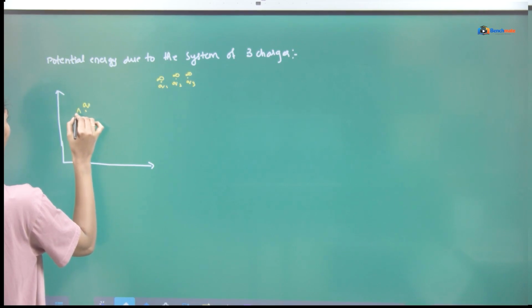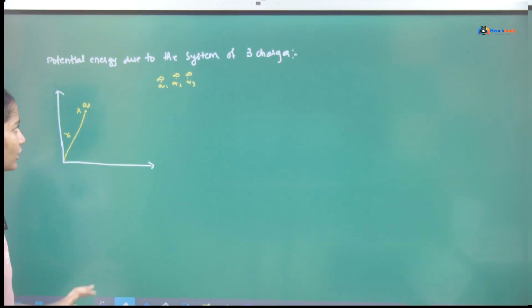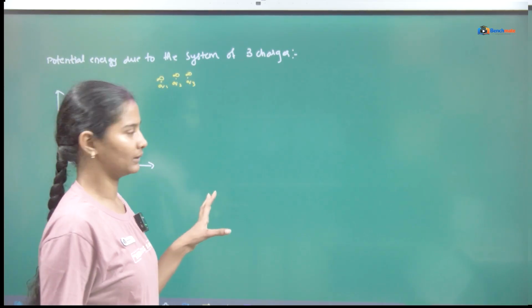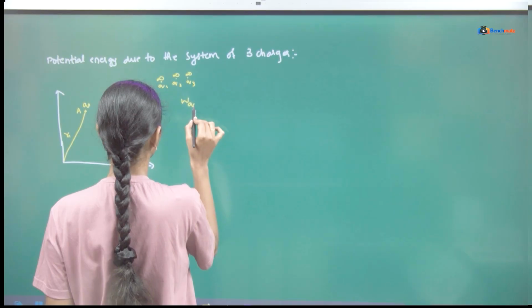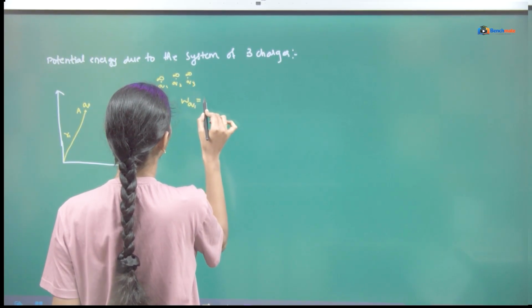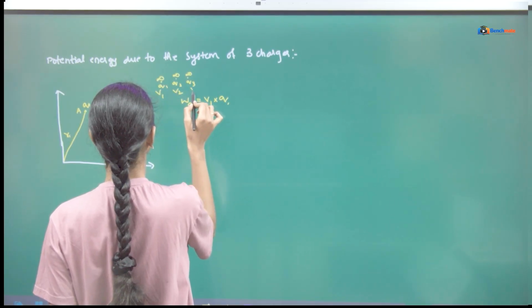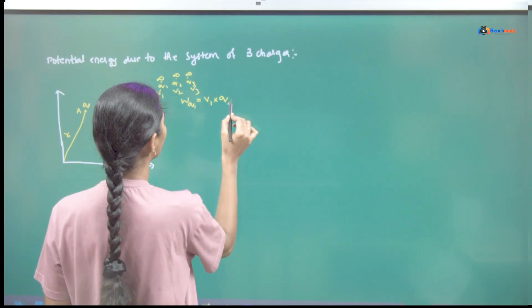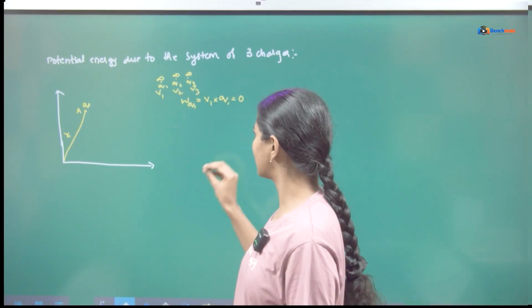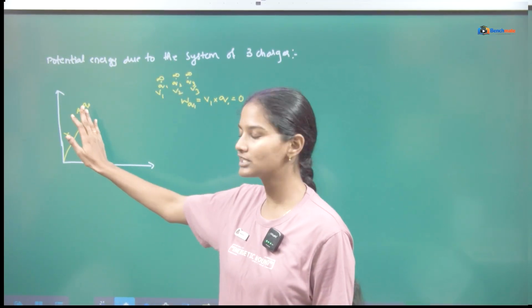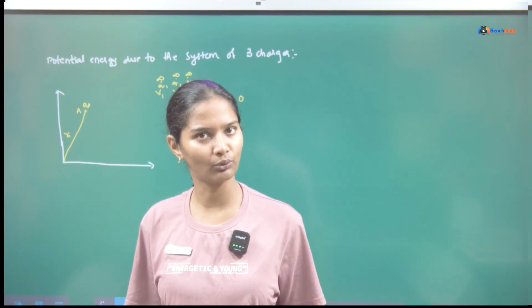Let it be point A, which is at a distance R1 from the origin. So now, do I need to do any work? Work done in bringing the Q1 charge, what is the formula? V1 into Q1. That is going to be 0. Why 0? Because I'm bringing this charge from infinity to this system, and the system is completely empty now. No one is there.